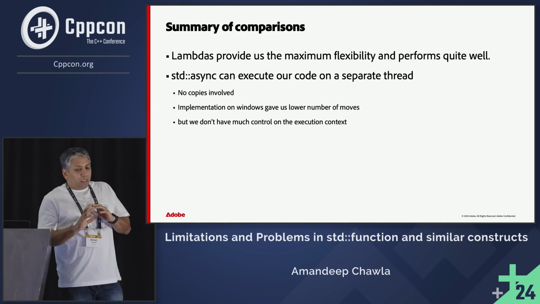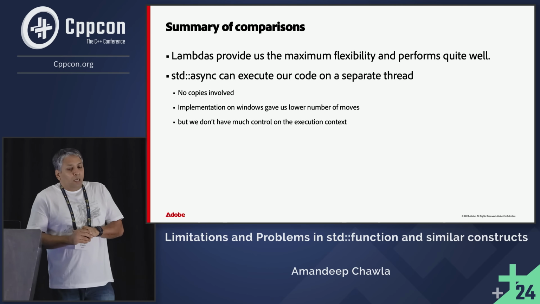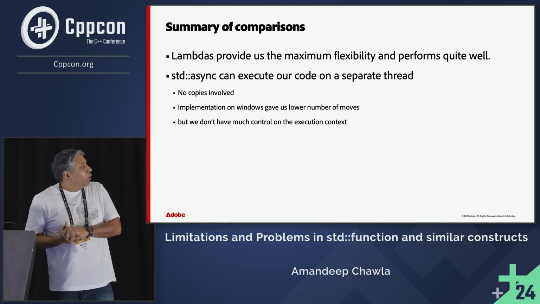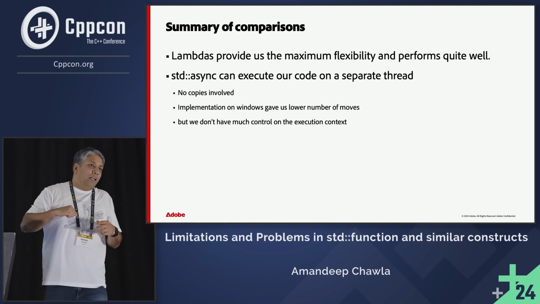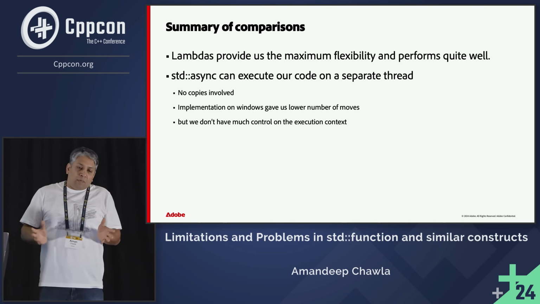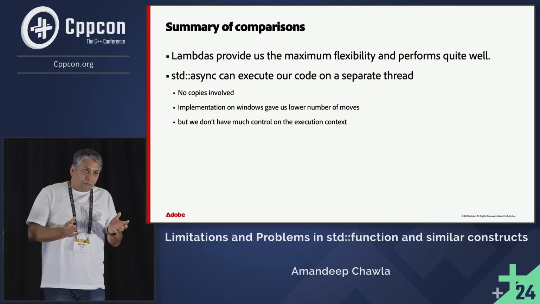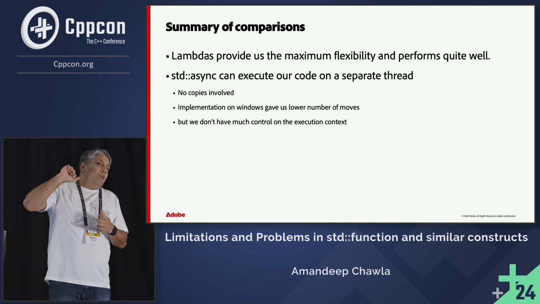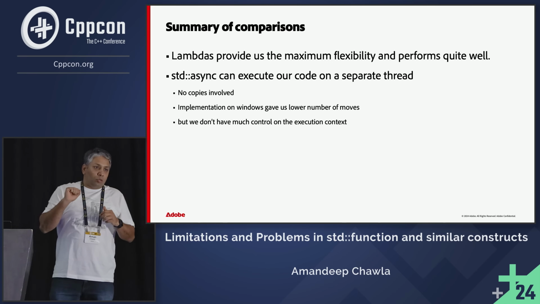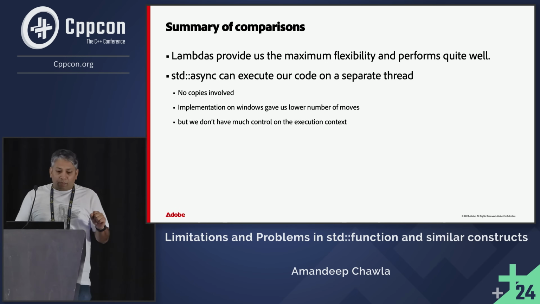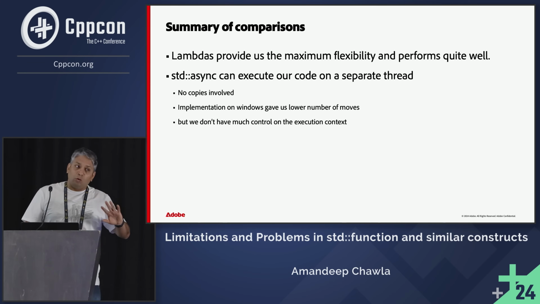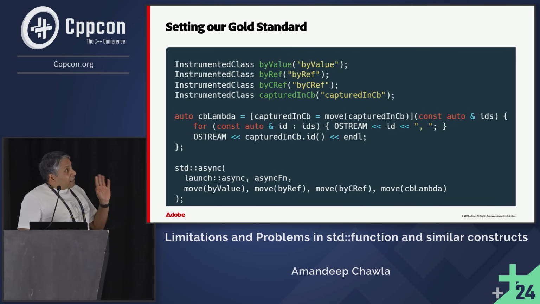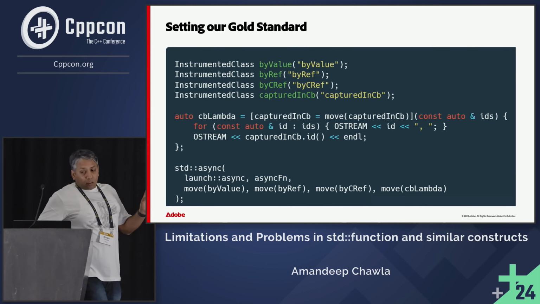The implementation on Windows gives us a lower number of moves, but we don't have much control over the execution context, because we can't say on which thread to execute, or if I'm in a task queue-based framework, I can't ask it to please execute this on this task queue. So that's the problem I have. But standard async is what we should try to achieve, where there are no unnecessary copies and a minimum number of moves. So let's set our gold standard based on standard async.